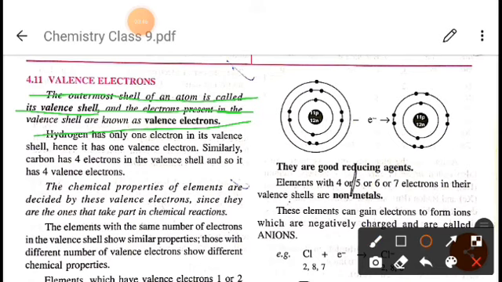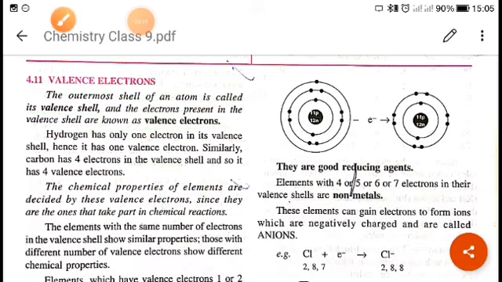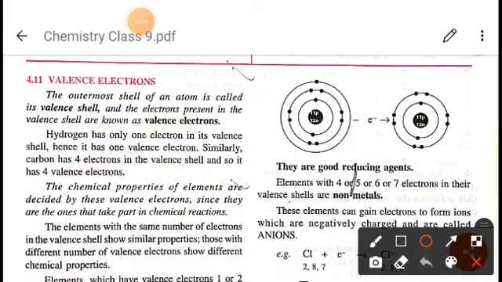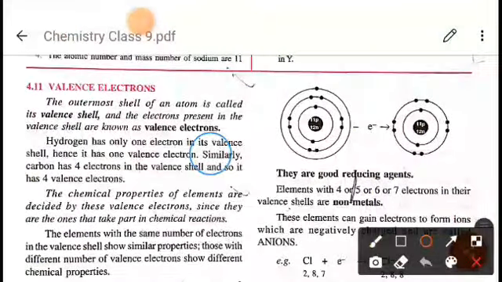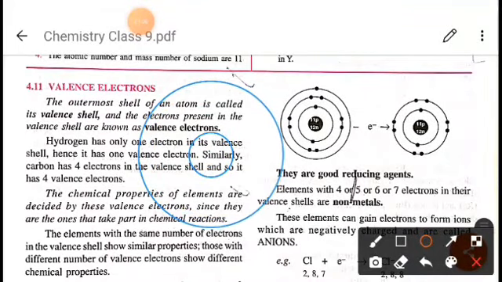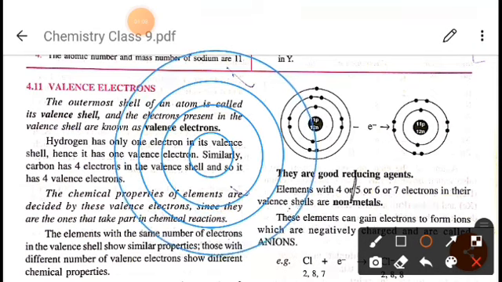Let me tell you. Let me draw here so that you can understand easily. Suppose this is a nucleus, and here one electron is here, another one is here.